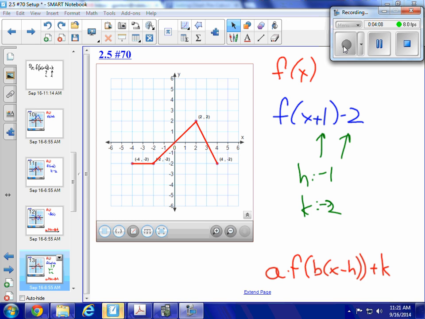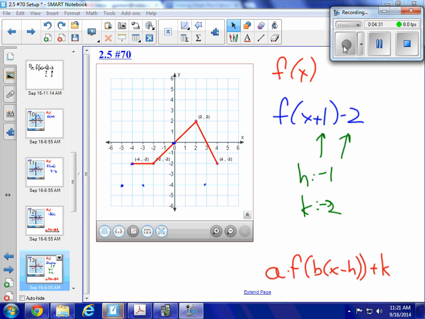So I'm going to take this, and every point I'm going to move to the left 1 and down 2. So I'll take this point here, and I'm going to go to the left 1, down 2. This point here to the left 1, down 2. This point here to the left 1, down 2. This point here to the left 1, down 2.